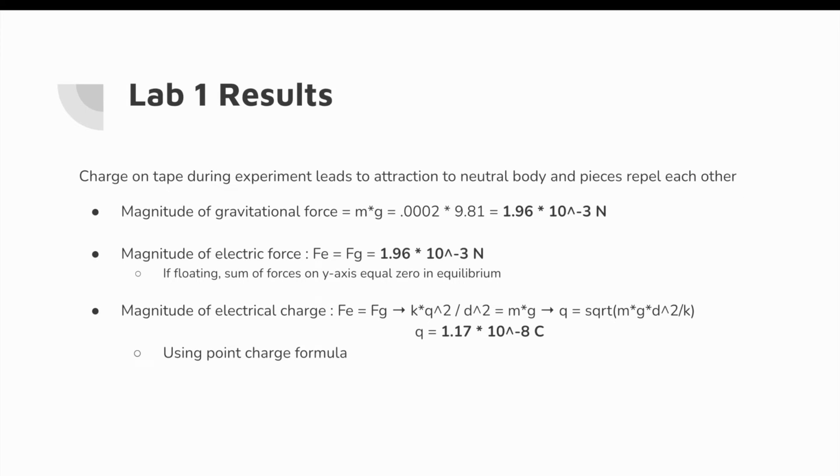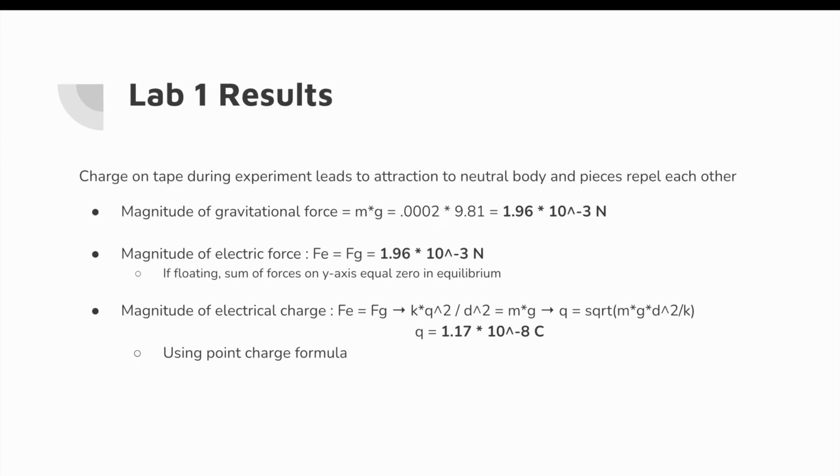From Lab 1, we want to review some of the results if it were a point charge, where our gravity equals our electric force, which should still apply in Lab 2's case. But the important thing to note is that when using the point charge formula, our electric charge is much different.